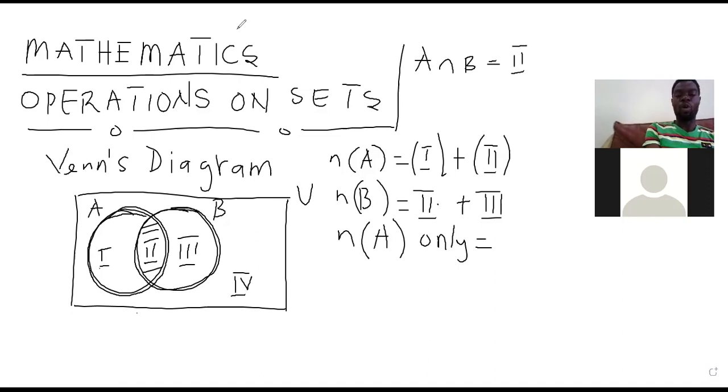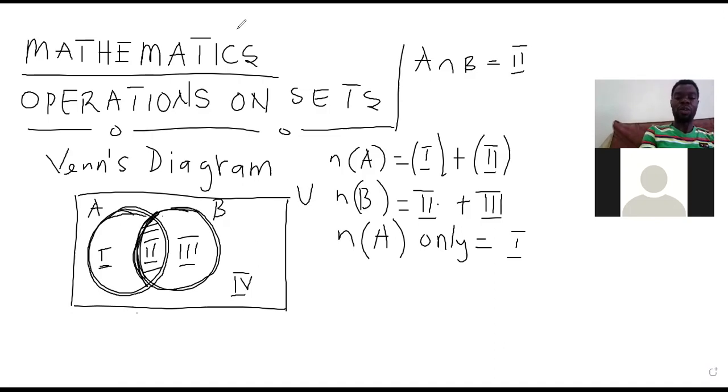So if I want to determine number of A only, meaning I'm taking out the intersection, I'm taking out this portion from it. When I take out the intersection, I'll get those in A only. So number of A only is equal to I. That is when you subtract the intersection from the whole circle, what is left here will be the number of A only.